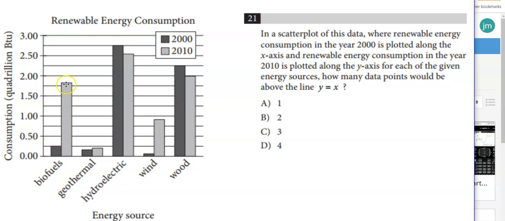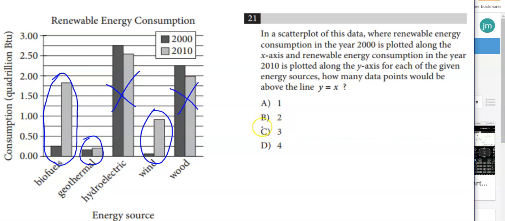The y value is larger than the x value here, right? So that point would be above the line y equals x. This one, the y value is larger than the x value, so that would be above the line. This one, no, the y is smaller than x.